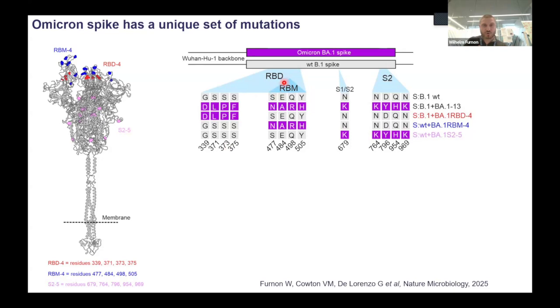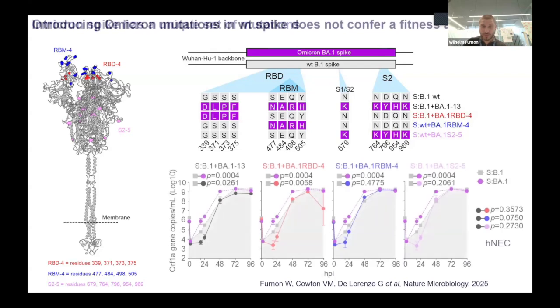The approach was to take the wild-type spike and introduce either all 13 unique Omicron mutations together, or different clusters: 4 mutations found in the RBD, or 4 in the RBM more specifically, or the other 5 shared between the furin cleavage site and the S2 domain, and then to assess these viruses in nasal cultures.